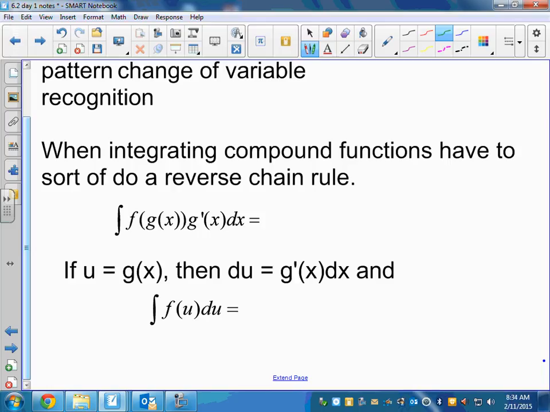But if I gave you the integral of f of g of x, it's going to have that derivative of the inside multiplied next to it. And the integral of that would just be the antiderivative of f, which we're going to call capital F. And then you leave the inside alone. And that part doesn't come into the antiderivative, right? Like it just had to stay there so that it works out.